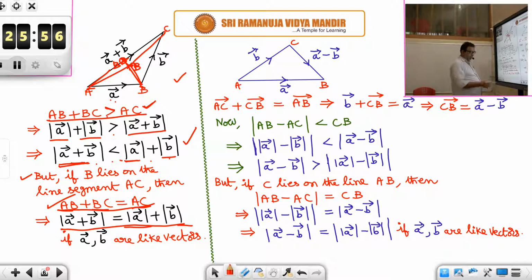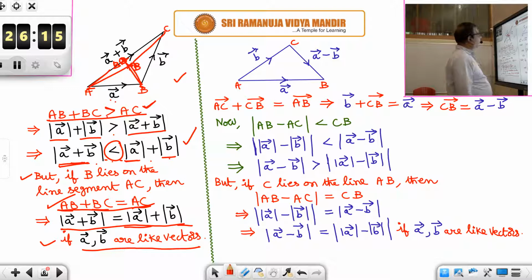A bar and B bar are in the same line, meaning A bar and B bar are like vectors. So if A bar, B bar are like vectors, then the equality will hold good. Otherwise, less than will hold good. Like vectors, equality, otherwise less than. So this part we have proved.